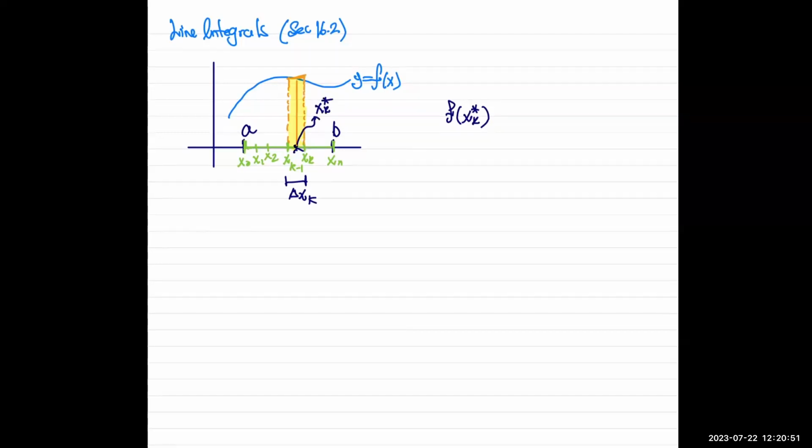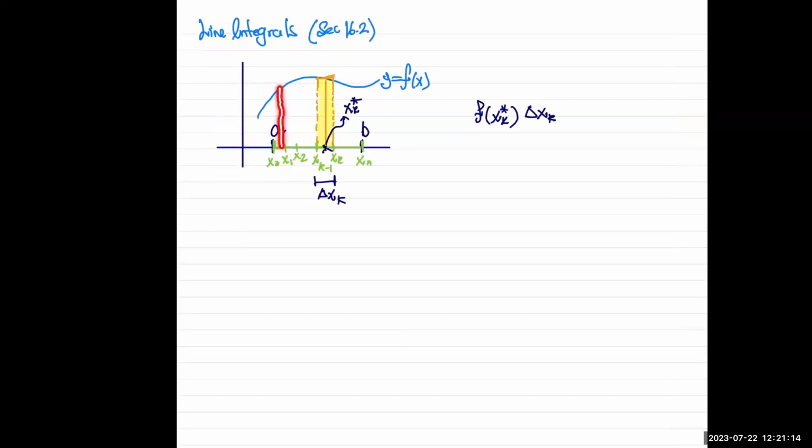Okay, so delta x is the width, and it is obtained by basically subtracting those. So f of x star k times delta x sub k gives you again the area of that kth rectangle.